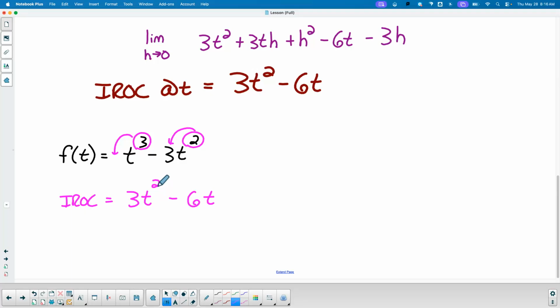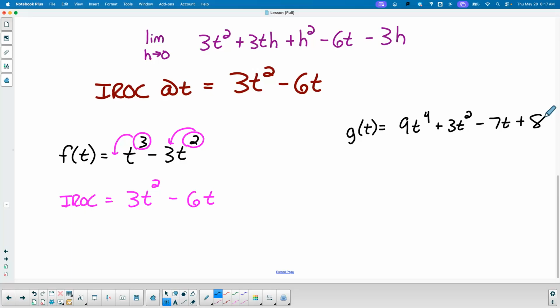So if I had, I'll make one up here, g of t equals 9t to the 4th power plus 3t squared minus 7t plus 8.